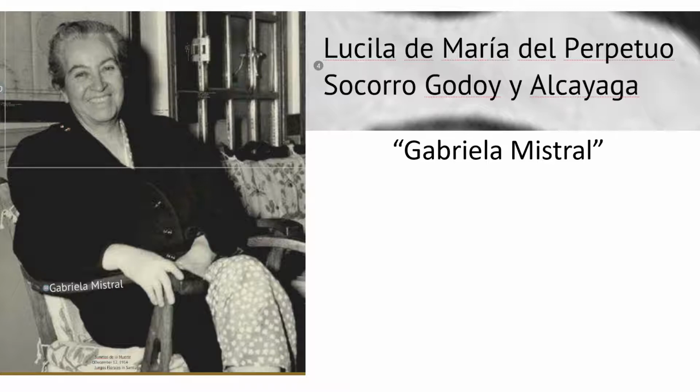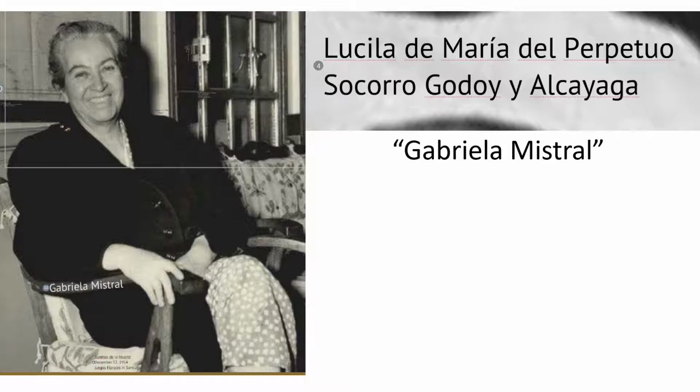Okay, so before we go on interpreting that, of course, we go the usual way. We first talk about its poet, Gabriela Mistral. I assume that you have accessed the pages that I uploaded on Schoology last Friday, so you would know by now that Gabriela Mistral was her pen name, and her real name was a very short name, Lucila de Maria del Perpetuo Socorro Godoy y Alcayaga.